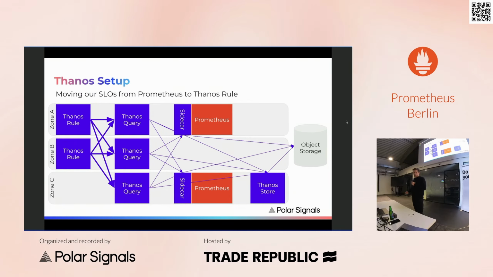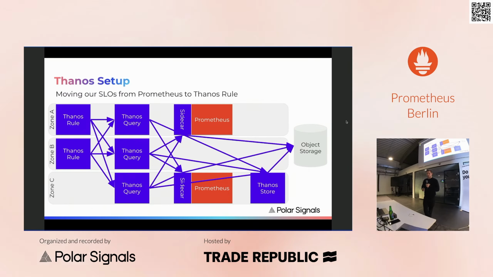And the Thanos query then was like, yep, I need to query it from all of those other components, right? And they were then calling object storage. So everything just increased quite a lot. And in red here, we can now see all the cross-zone traffic that's happening in the setup.